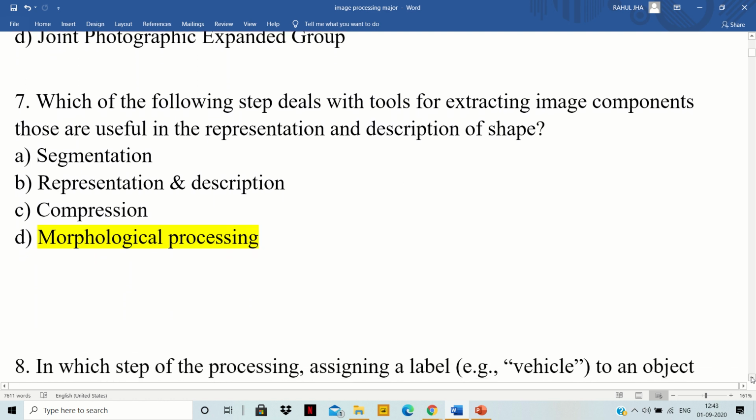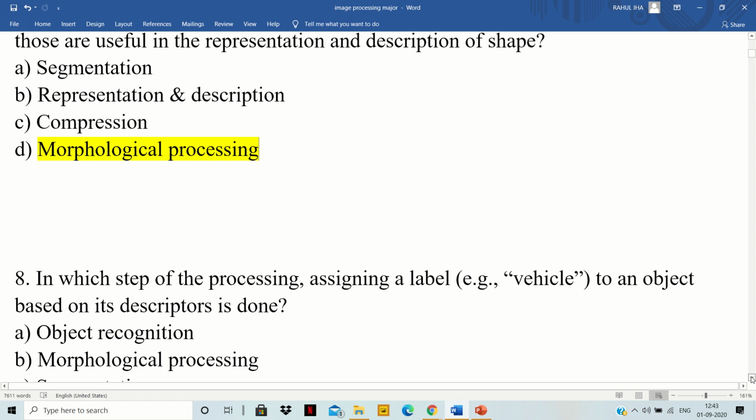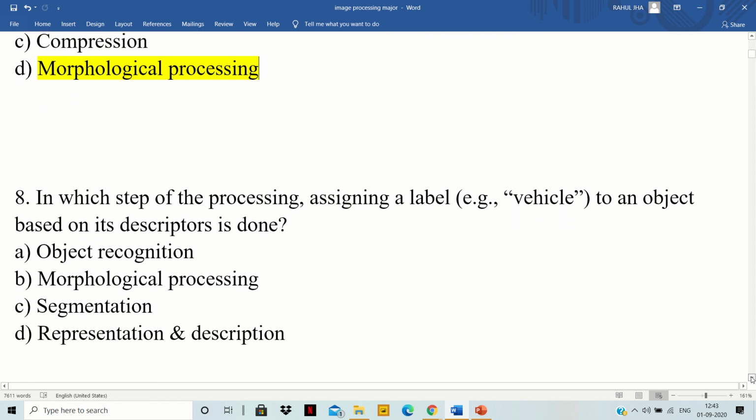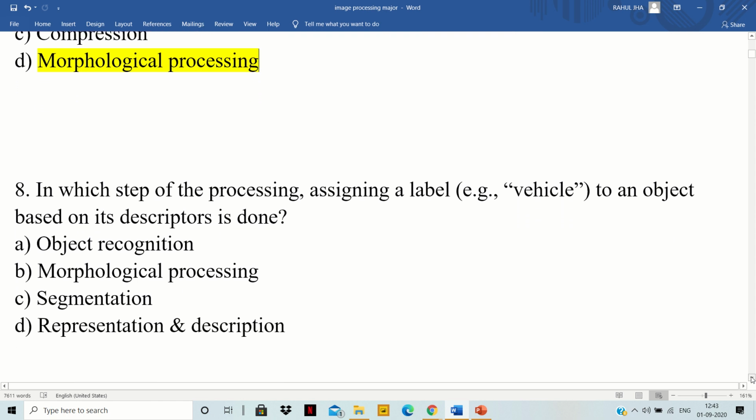Next question. In which step of the processing is assigning a label, for example vehicle, to an object based on its descriptors done? We are assigning a label vehicle to an object. There is some object and we are assigning a label to it that it is a vehicle based on its descriptor.